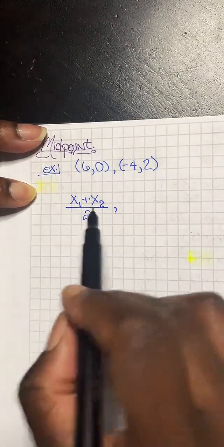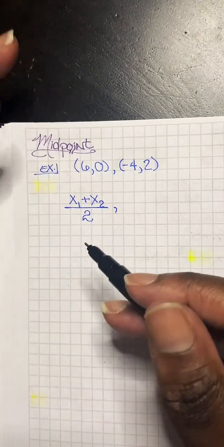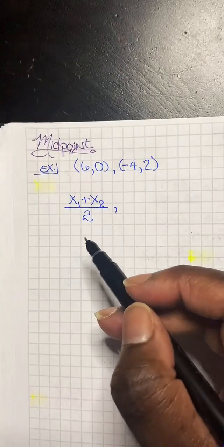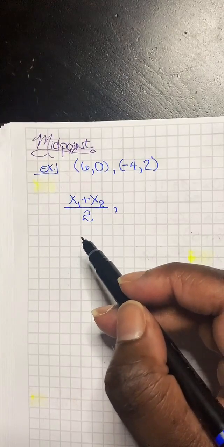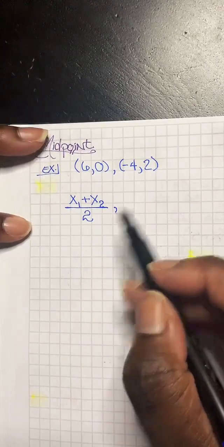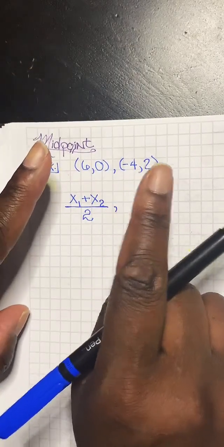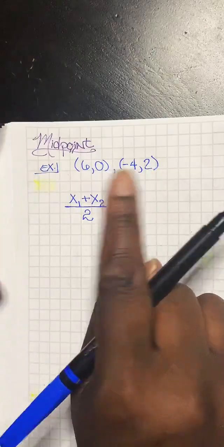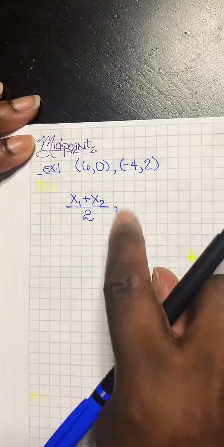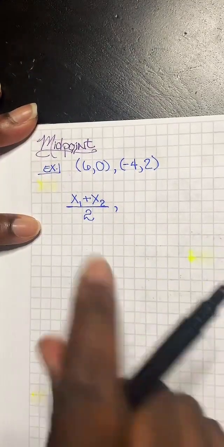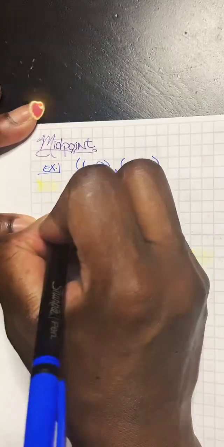Or actually, what would be better is the median. If it was stuck in between 2 numbers, you would add those 2 numbers up and divide by 2. Same thing is happening here. You're just putting your x's together.